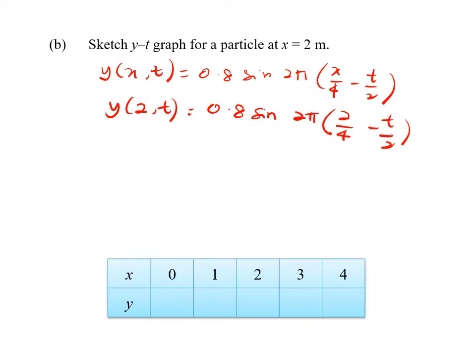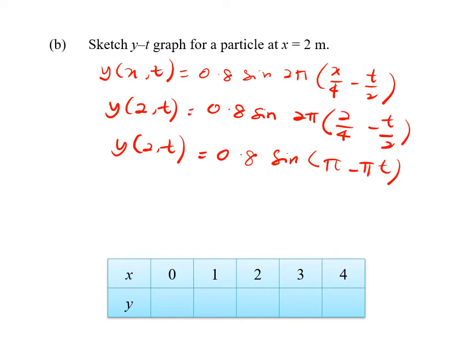Your t based on this table starts from 0 until 1, 2, 3, 4. So y at x equal to 2 is 0.8 sine pi minus pi t.